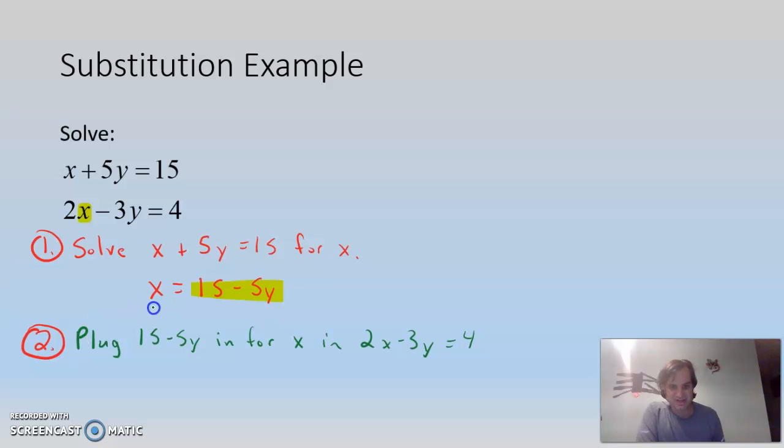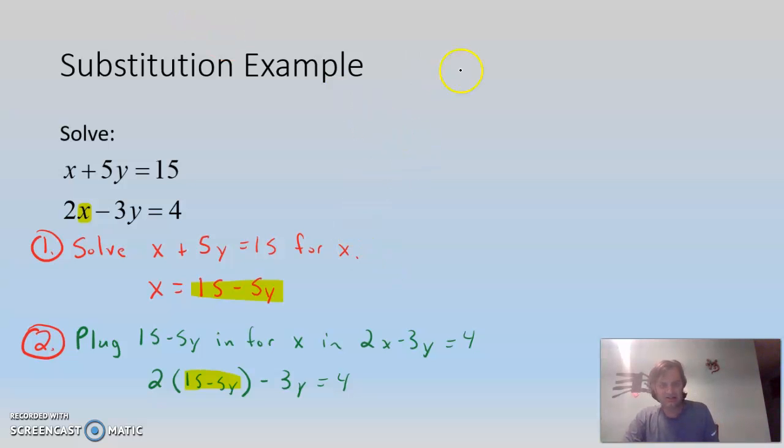When I do that, I'm going to have 2 times (15 minus 5y) minus 3y equals 4. Okay, and now this equation is all in terms of y. It's one equation in terms of y.